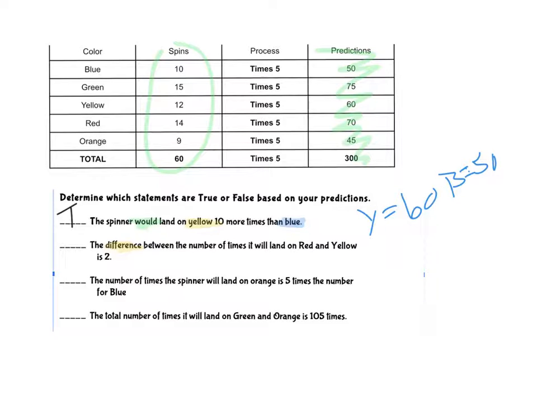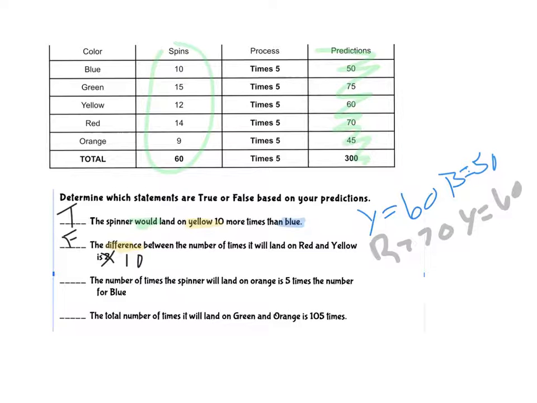If we look at red, it's 70, and then yellow is 60. We're asking, are those two numbers only 2 apart? And that answer is false, because they are actually 10 apart. So the difference is not 2, the difference is 10.